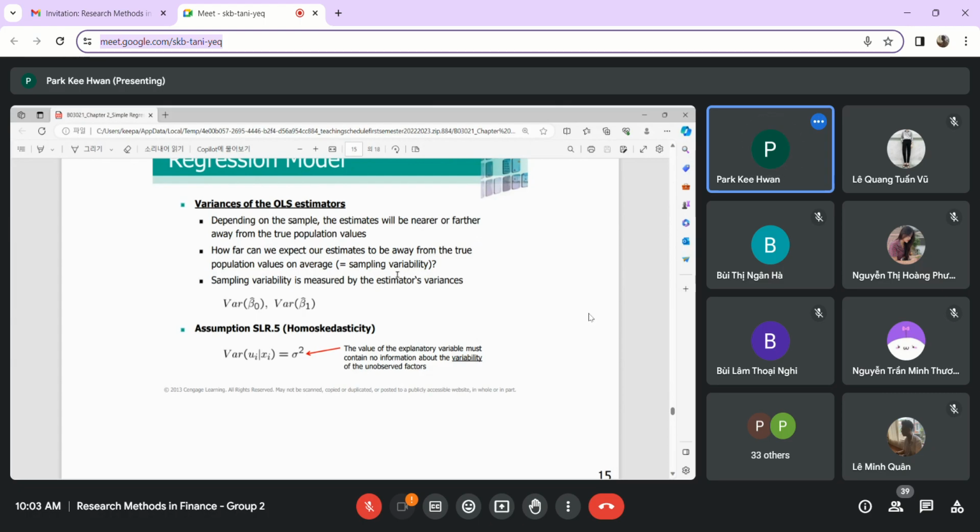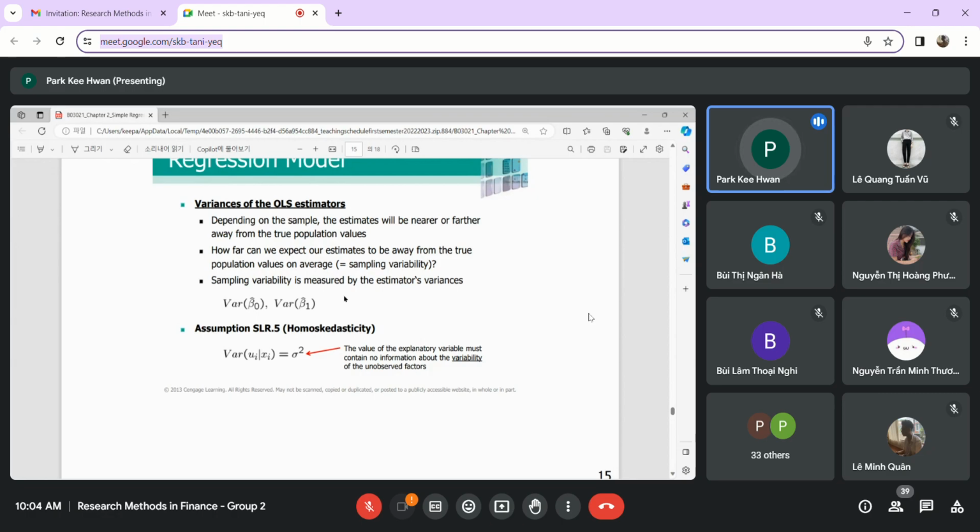This is sampling variability, and sampling variability has something to do with whether the estimate is reliable or not reliable, whether it is precise or not precise.